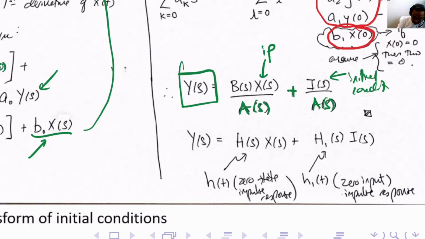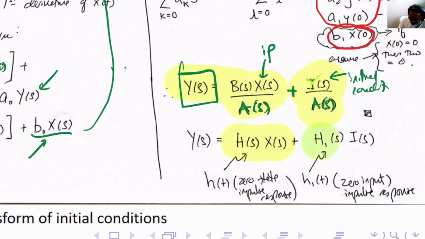We can analyze this equation to get H of s times X of s for the response due to the zero state, or I should say due only to the input.